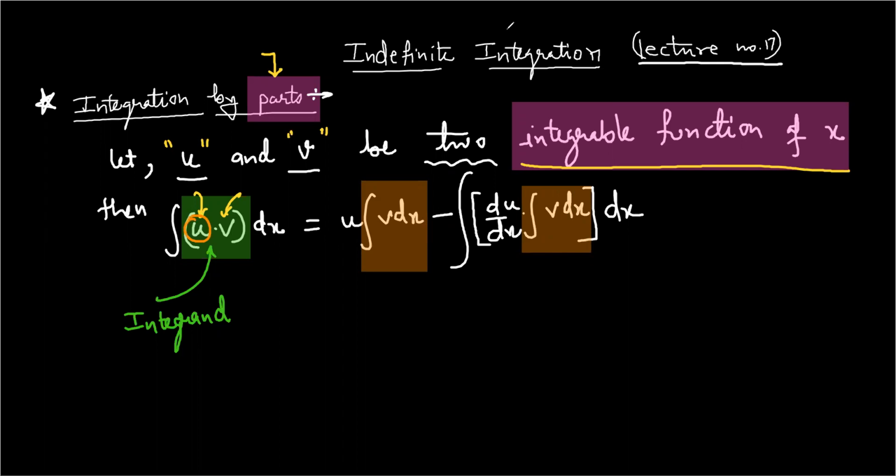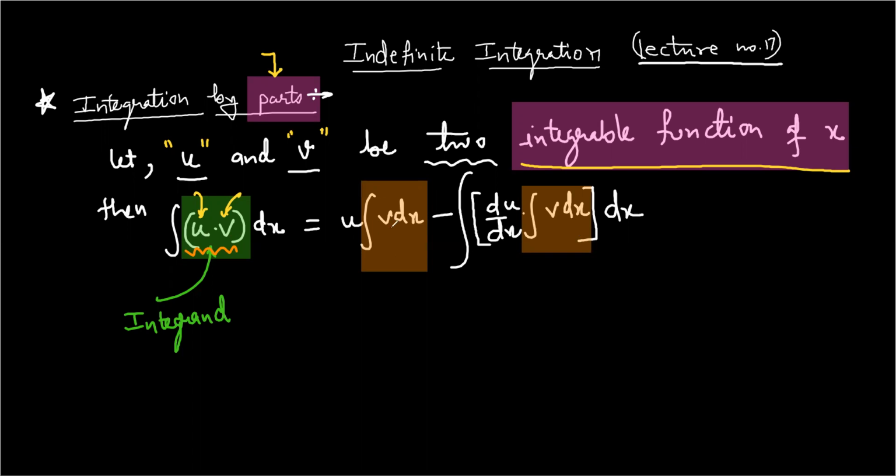You have to integrate the product u into v, but you can achieve that without integrating u. You can achieve the product uv being integrated without integrating u. How fantastic it is. That is why we call it integration by parts. We are integrating only one of the parts. So what does the theorem say? The theorem says that you integrate v two times.